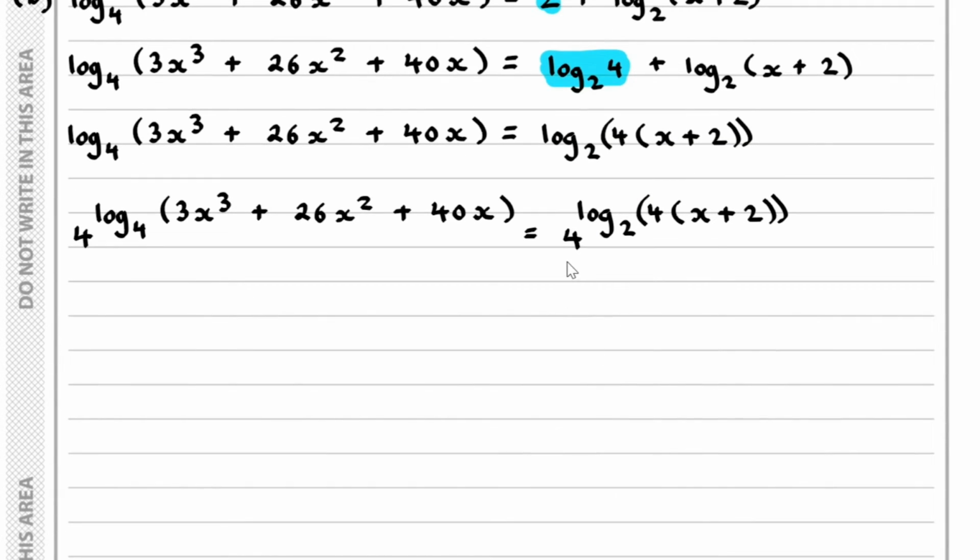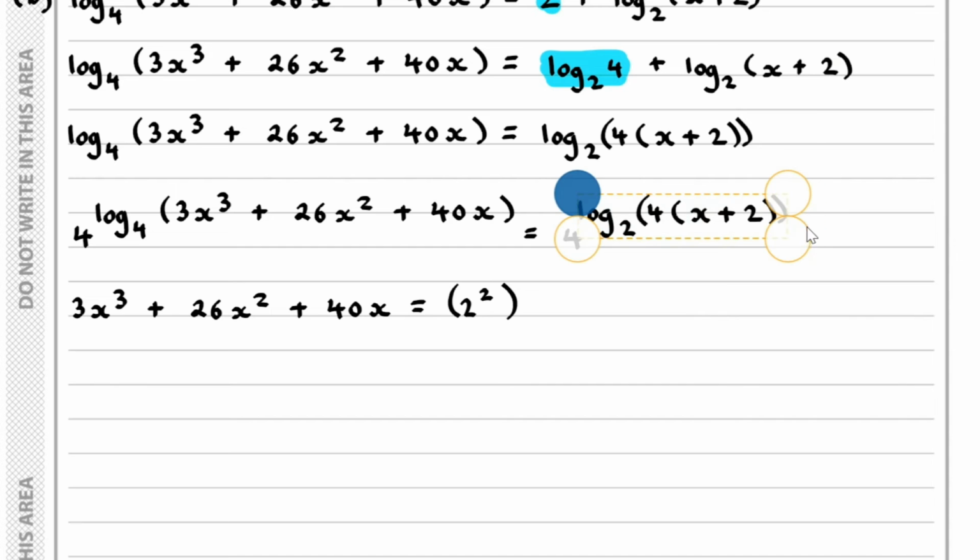Well, first of all, on the left-hand side, 4 to the power of log base 4 of something will just equal that something. So on the left-hand side, we've got the result shown here. But on the right-hand side, 4 we can rewrite as 2 squared. So we've got 2 squared to the power of this.